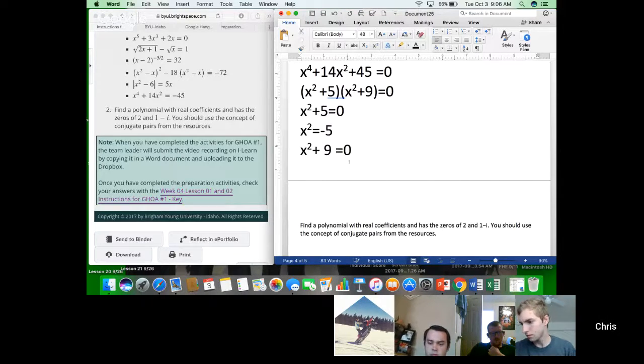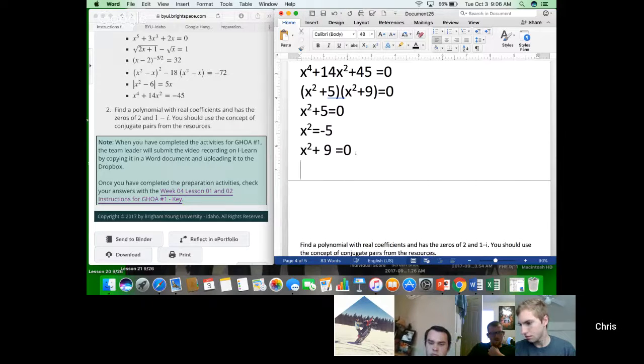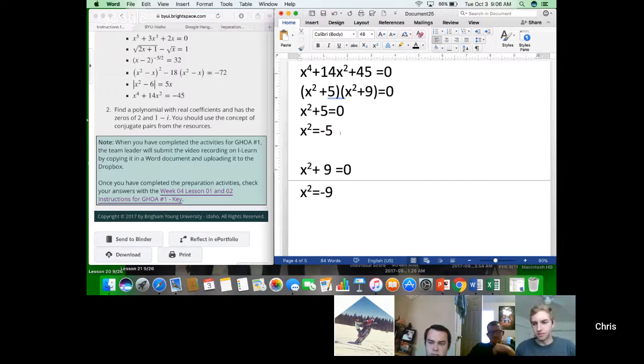And this one, x squared equals negative 9. You have to square root both sides. For a negative number, you have to throw the i in there. x equals the square root of negative 5. And x equals the square root of negative 9.